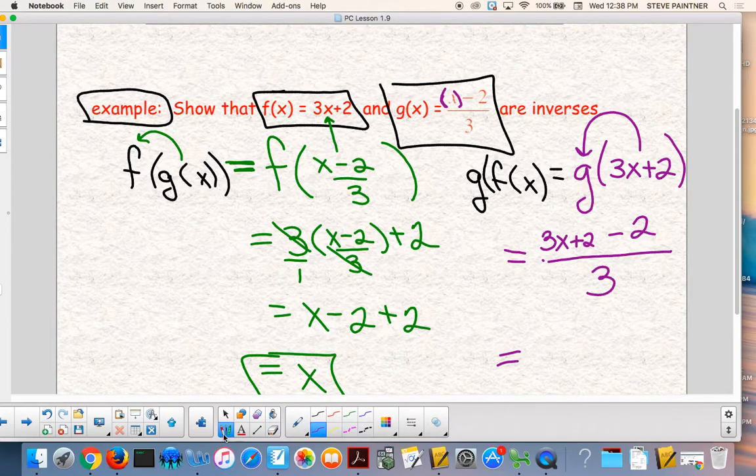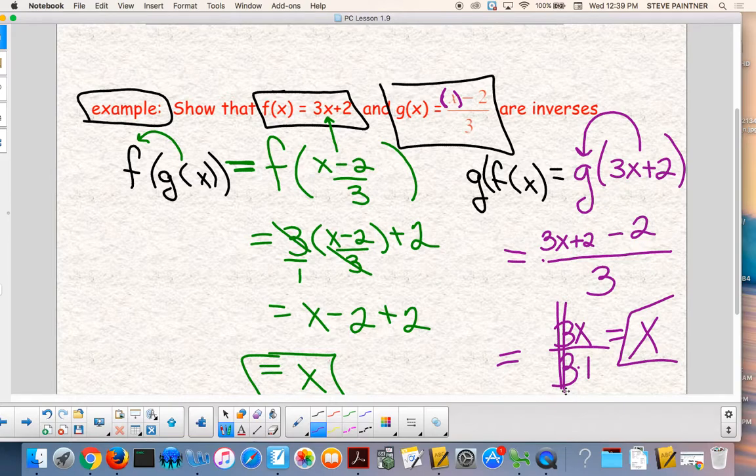On top you get 3x. On the bottom you get 3, and this is just a fraction: 3 times x over 3 times 1. When you have multiplication over multiplication, cancel. What's the answer? x. There you go. It's done.